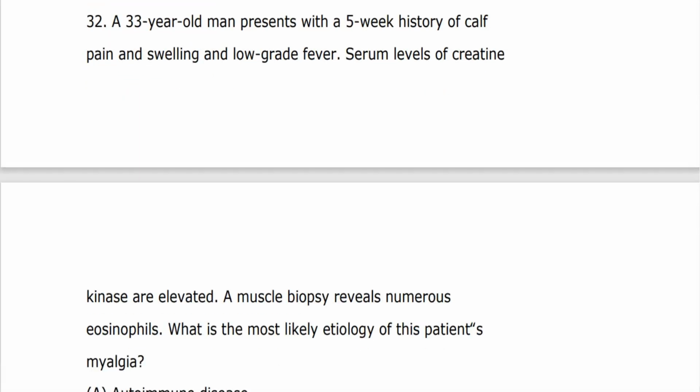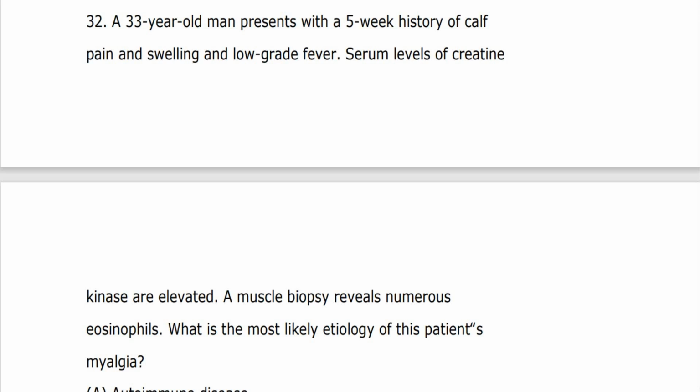The 3-year-old man presents with a 5-week history of calf pain and swelling and low-grade fever. Serum levels of creatine kinase are elevated. The muscle biopsy reveals numerous eosinophils. Wow. What is the most likely etiology of this patient's myalgia?